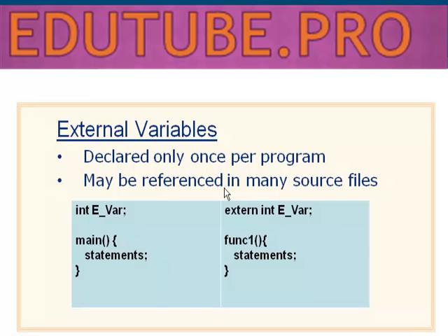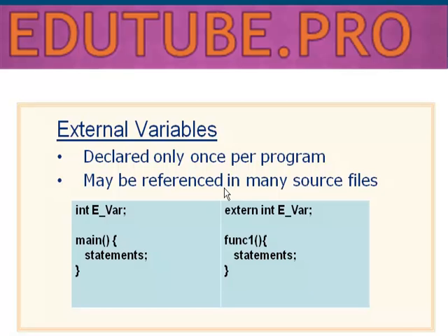That means that other functions, func1, 2, and 3 that we wrote earlier, cannot see those variables because they're encapsulated inside of main. There's no way for those functions to get a hold of what's in those variables and do anything with them. Well, that brings us to external variables.